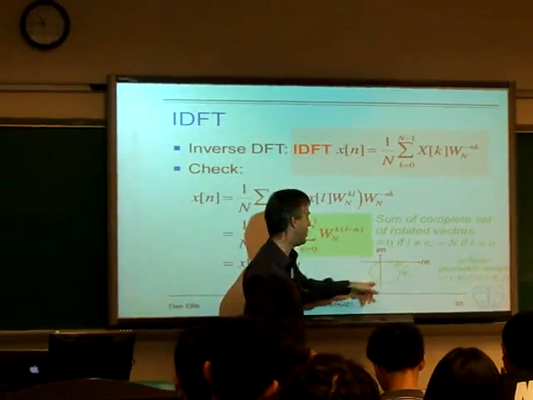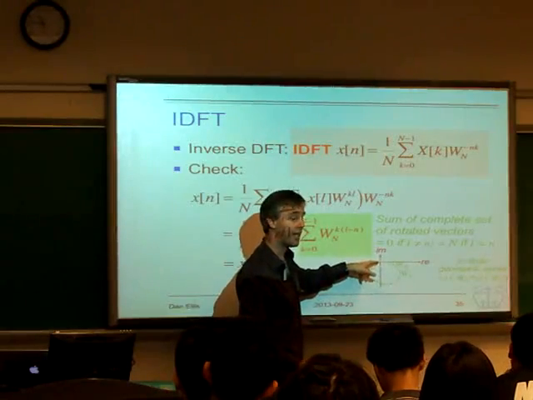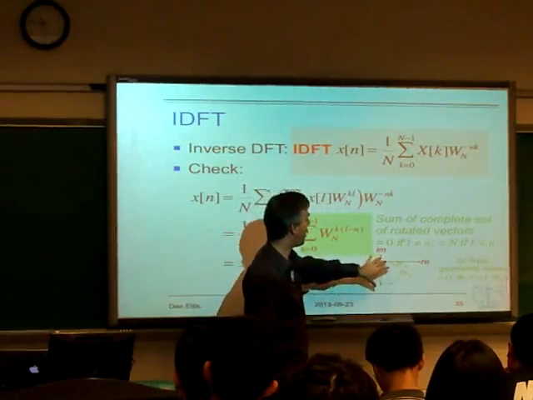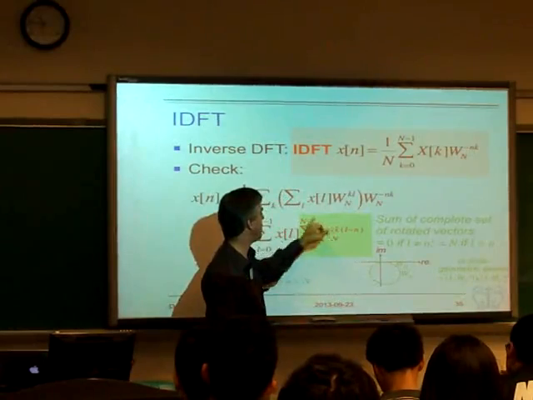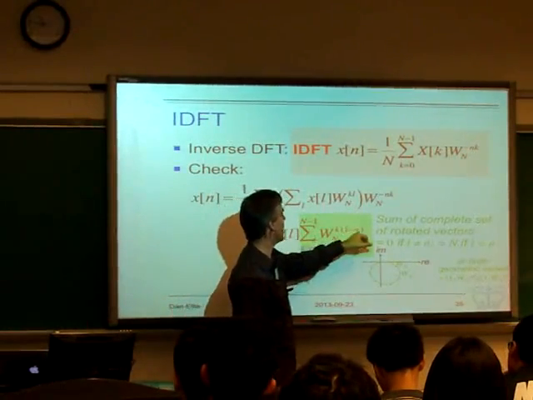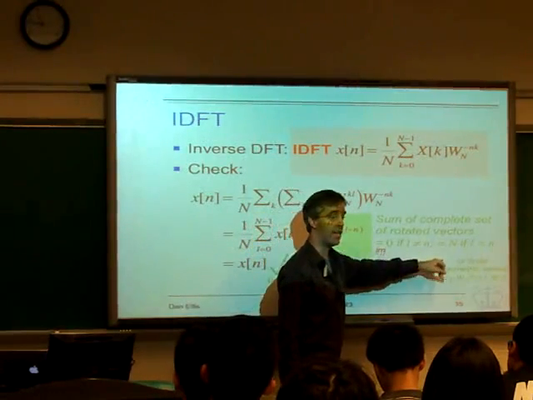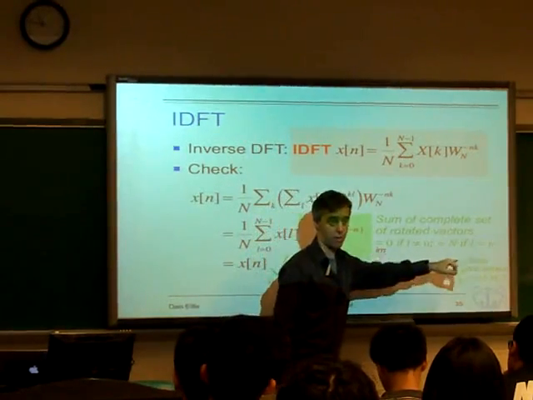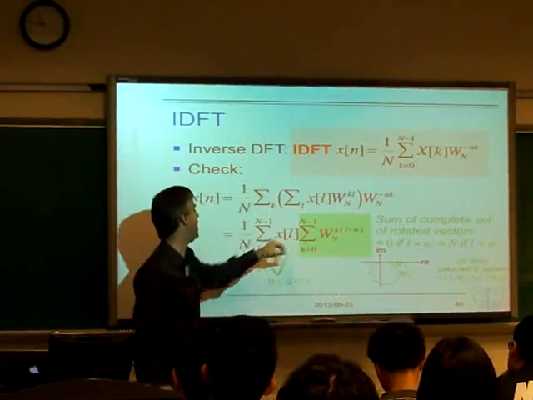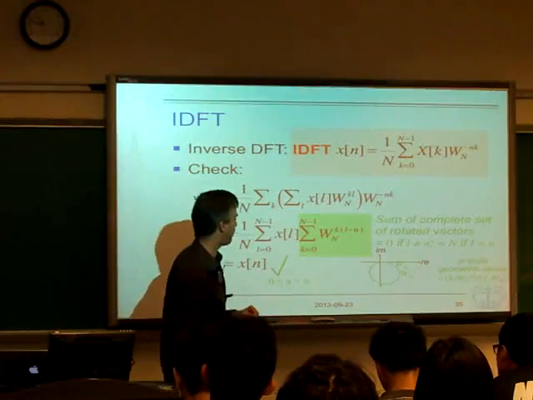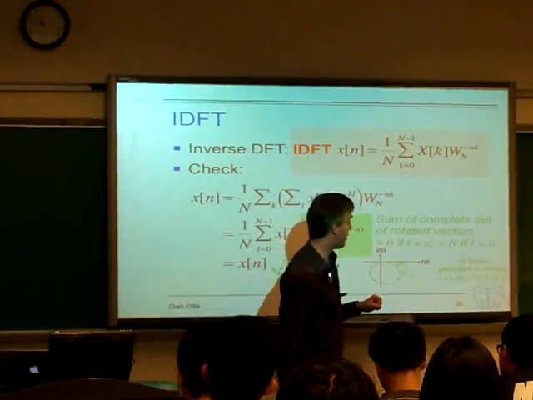So it would do 2 complete loops, but still end up at 0. By thinking about it that way, you can see that this always sums to 0 unless L minus n is 0, in which case they all just stack up end on end. And so you get n times 1, which gives you the n you need to get rid of this 1 over n. I like that geometric interpretation.